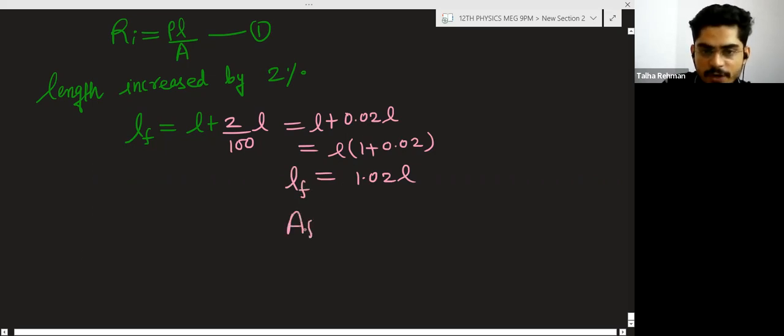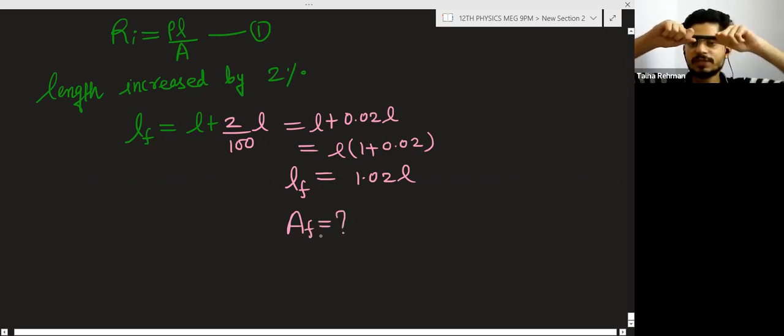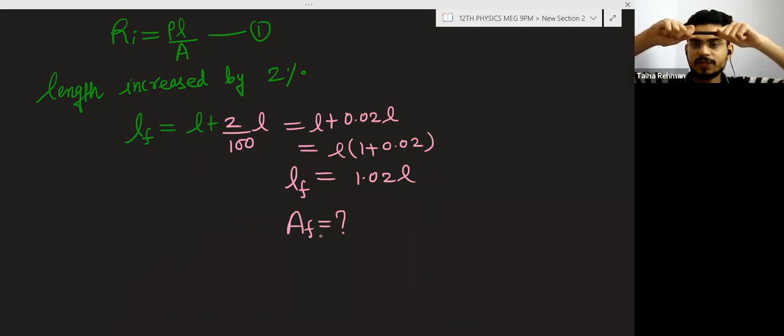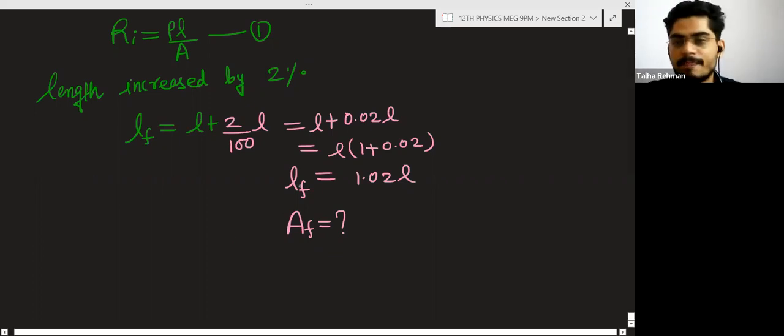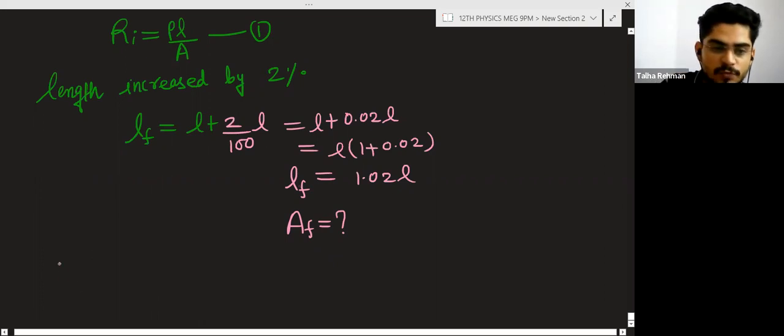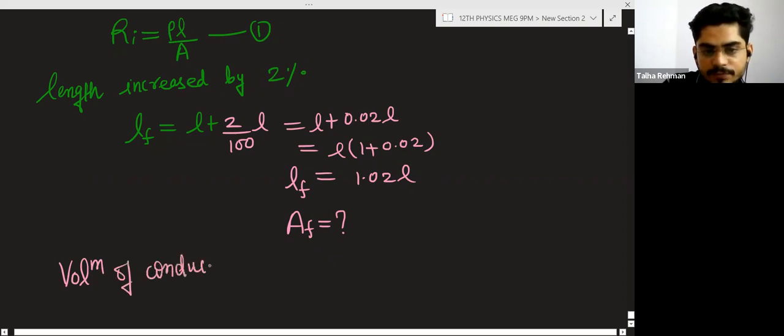We have to find now what is the final area. Suppose this is a wire or a conductor, and you are stretching this wire. If you increase the length, then the area of cross section will decrease, but the volume remains the same.